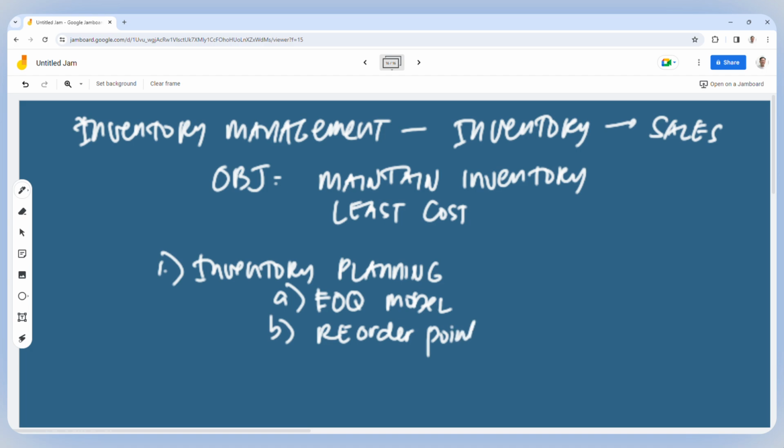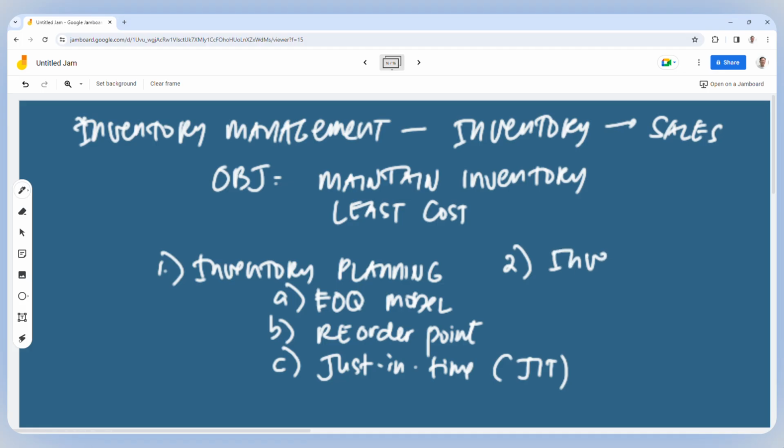Alright? And yung ating tinatawag na just in time. Yan. Just in time, or JIT. Okay? Alright, we have also here yung tinatawag nating inventory control. Ayan. Or inventory control system, inventory planning, inventory control.